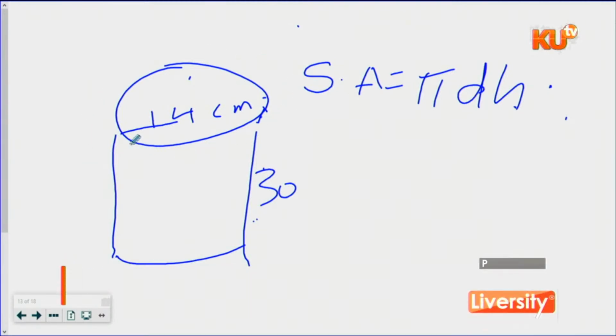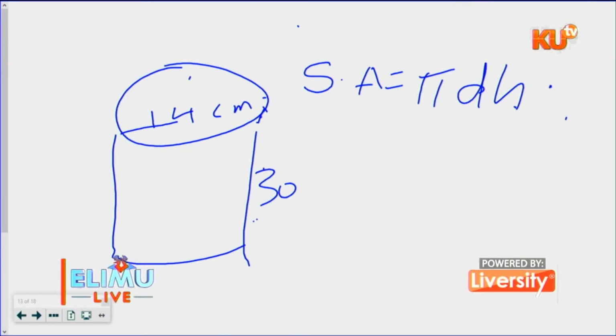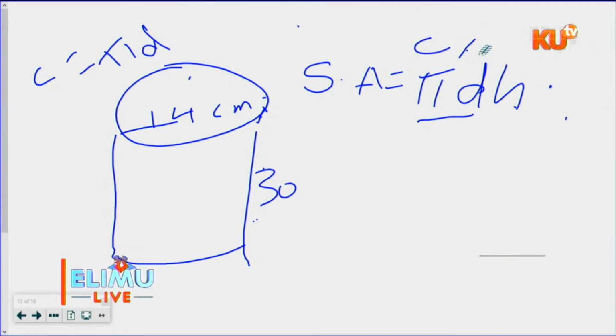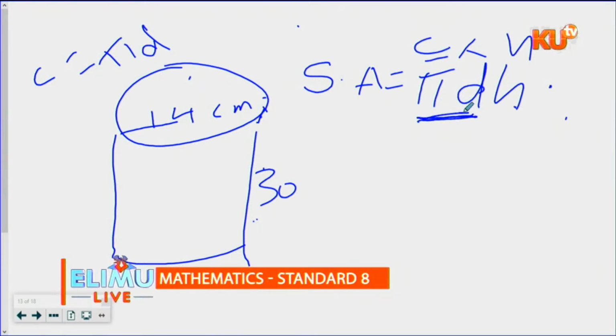Because the circumference is given by pi d, this circumference is replaced by pi d. So we say pi d h.